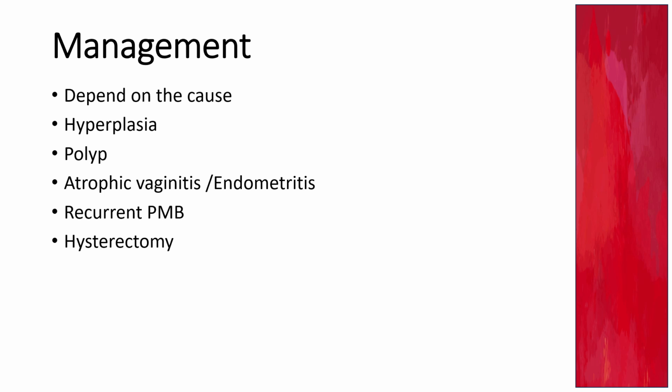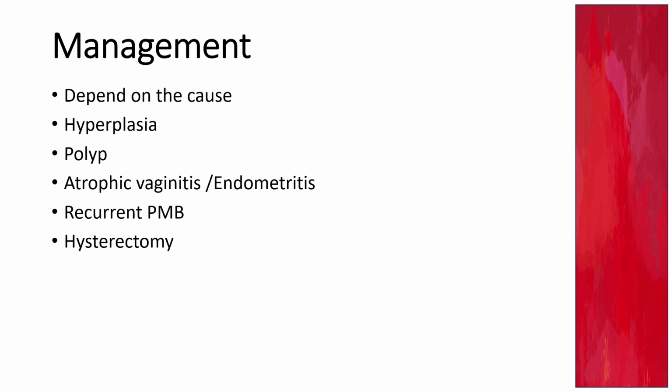Without atypia, one can be treated with progesterone. Usually we prefer medroxyprogesterone orally. It should be given for 6 months. Or it can be treated with local progesterone like levonorgestrel intrauterine system, that is LNG IUS.